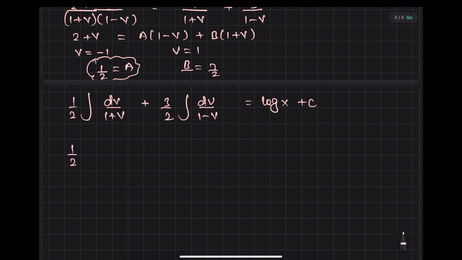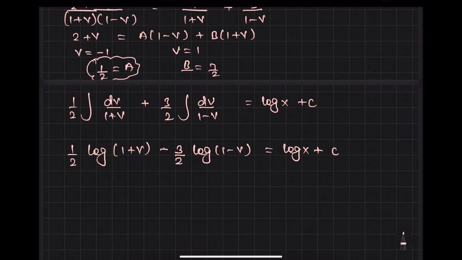You will take that thing as z, so it will become log 1 plus v. Okay, if you'll take this thing as z, you will have minus v. Okay, so you will have minus of 3 by 2 log 1 minus v is equal to log x plus integration constant c. I hope till this part you guys are okay.